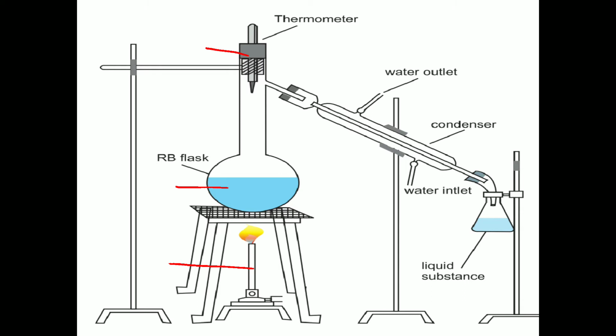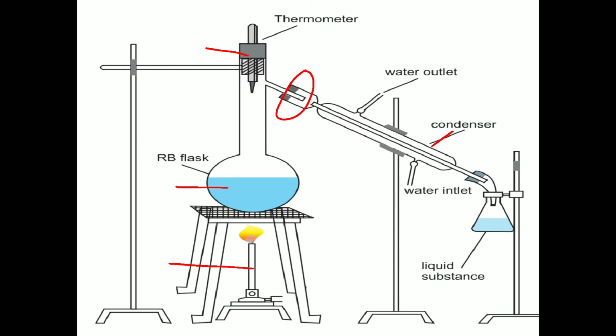Then this round bottom flask has a side arm, and this side arm is connected to the condenser. This is the condenser, which is connected to the round bottom flask by the side arm. The condenser has two openings.